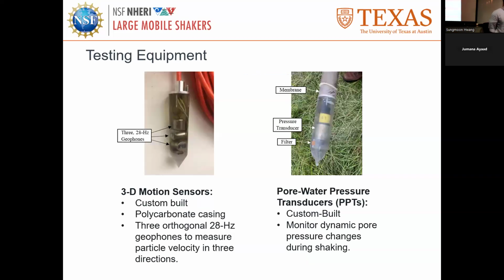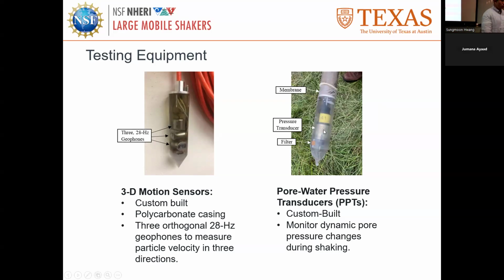Once we installed the helical pile, we installed our 3D geophones and the water pressure transducer at the same depth. It's custom built, a polycarbonate casing, to try to get a unit weight similar to the existing soil, which is 100 PCF. We have three orthogonal 28 Hz geophones to measure the particle velocity.